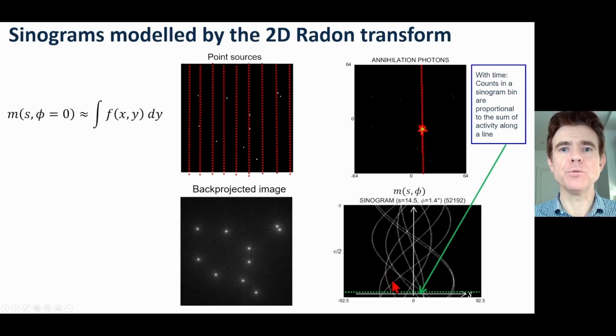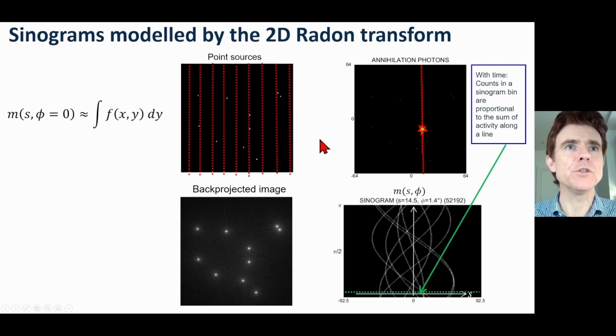But what we can now do is model the whole of the 2D function simply by considering all of the different viewing angles phi. So what we do is just rotate that collection of parallel lines according to the azimuthal angle phi, and that will allow us to populate all of the other rows, all of the vertical axis values of phi, to populate the whole of the sinogram.